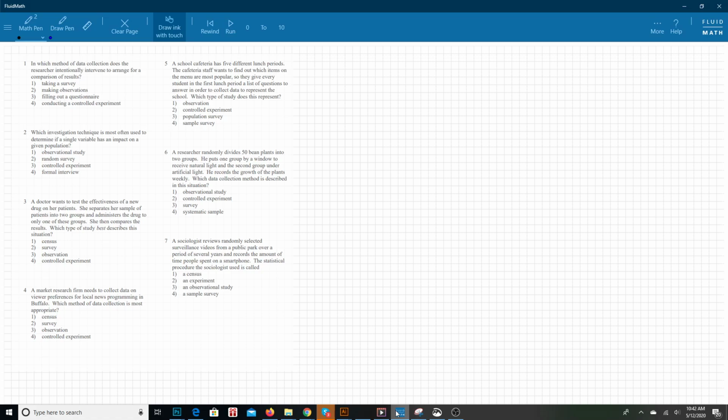So the answer to this question, if we're just talking about a data collection method, would be 4, conducting a controlled experiment.